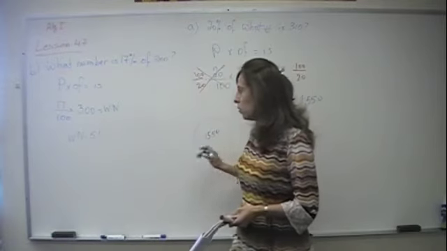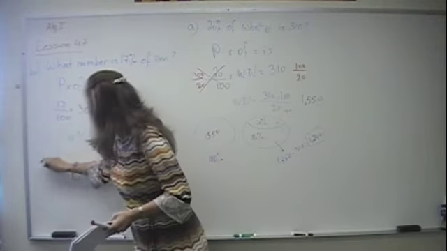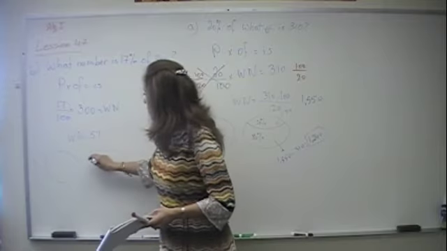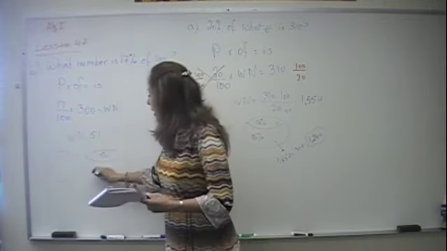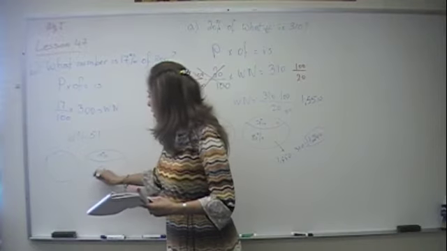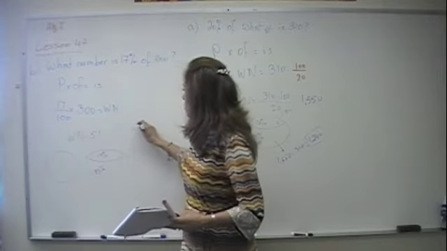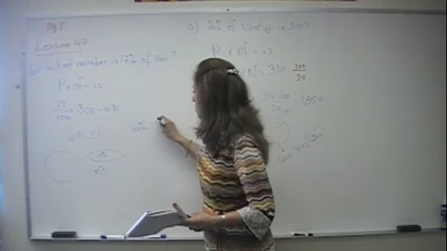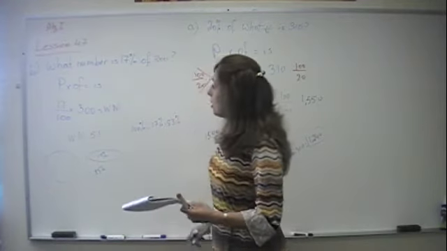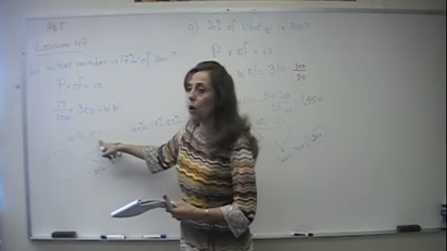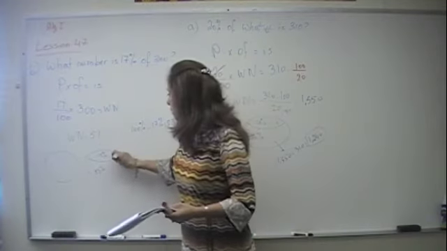If I want to diagram this the same way, here's my 17%, and here's my 83%. How I got my 83% is 100% minus 17%. The 17%, my answer was 51.